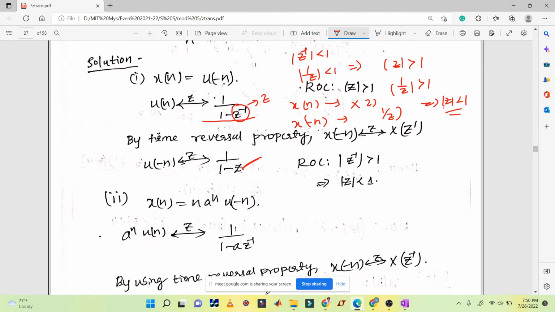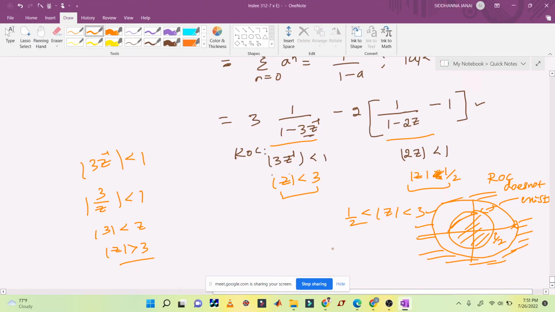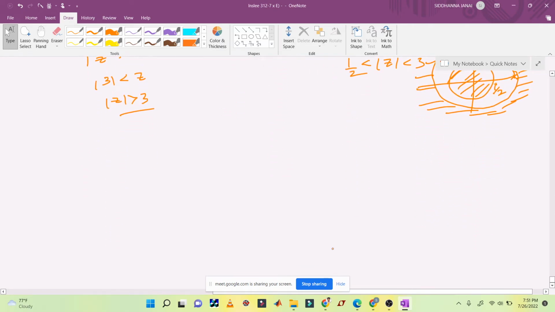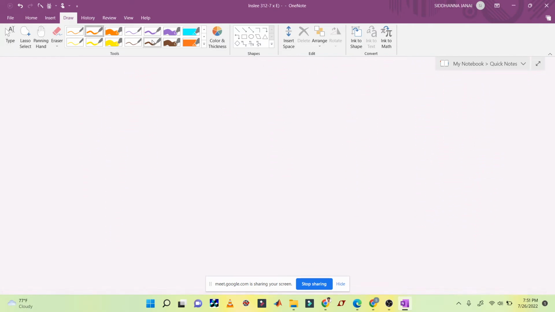Second one. Let me show you how to solve using properties here. x of n is equal to n into a to the power n u of minus n.